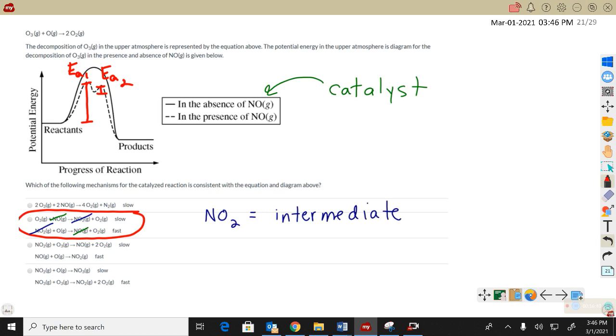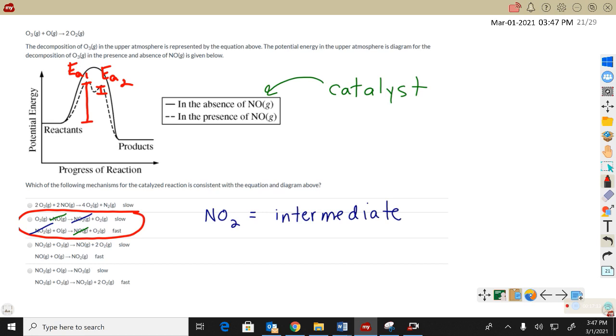So we can use an NO, nitrogen monoxide catalyst, to help this reaction along. And so they've got the presence of the NO as the graph that I guess is a solid line. Or I should say absence of the NO. That's the solid line. So that would be the absence of the catalyst. The presence of the NO is the dashed line, which then means that I do have a catalyst.